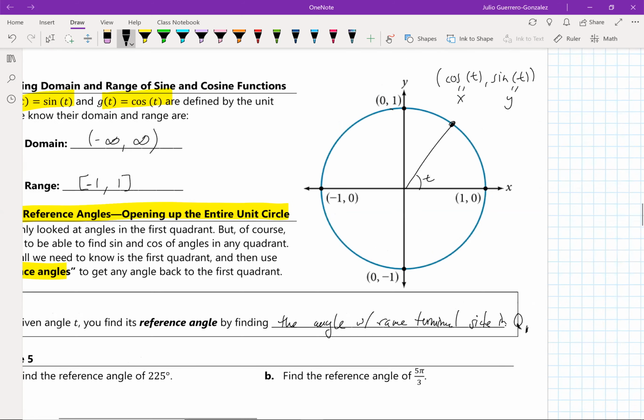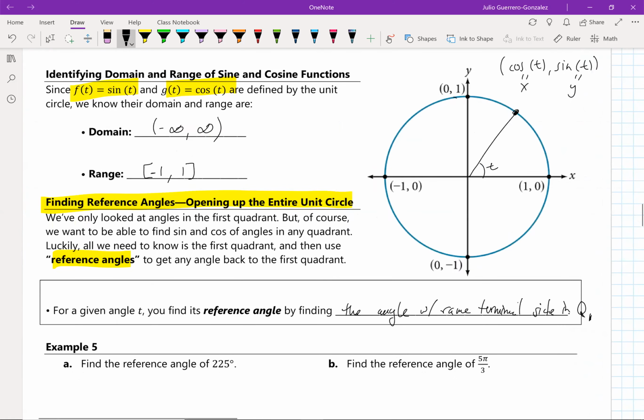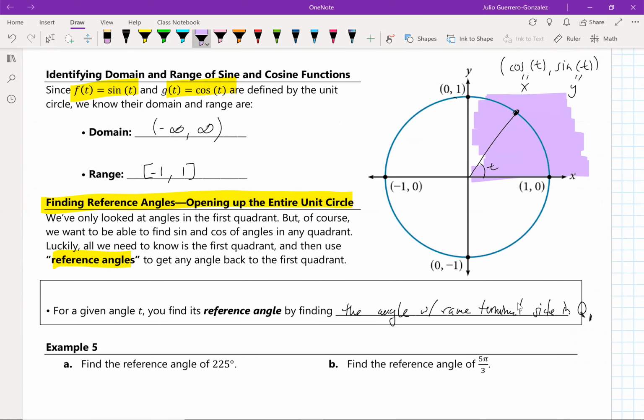So we're basically going to find the equivalent angle that lives only in here. And here's where the extension of the unit circle comes in. If we find it in quadrant 1, all we need to know is what quadrant our actual angle lives in, and then we can just use the values from quadrant 1 to answer the original question.